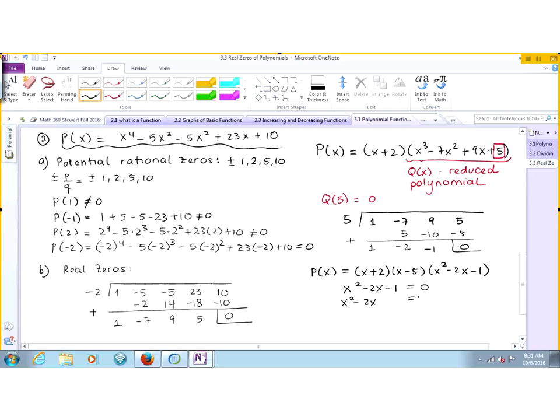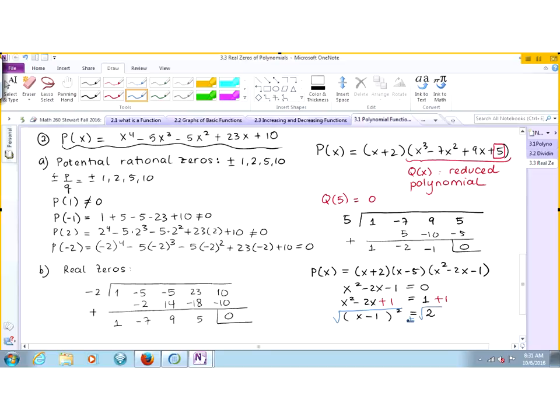Complete the square? Oh, you want to complete the square? Okay. x squared minus 2x is equal to 1. What am I adding? Yes, you add 1 to both sides. So this is x minus 1 squared is equal to 2. Then what?